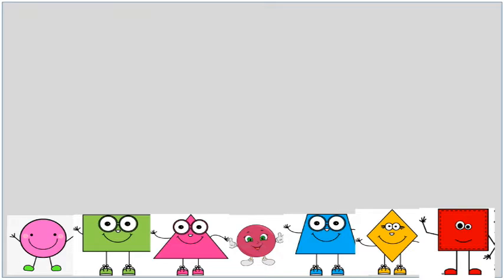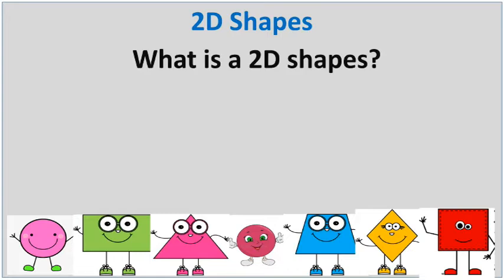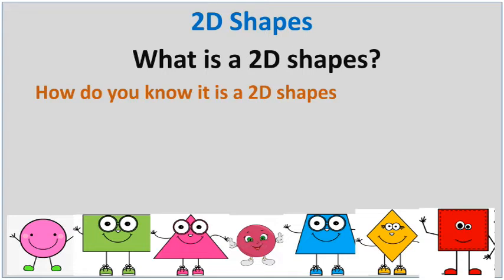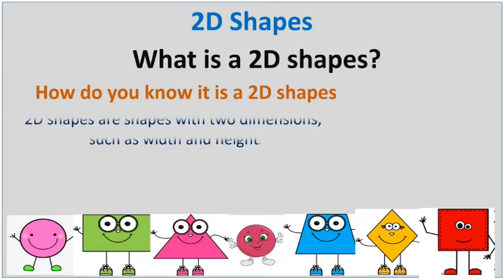So now I am going to explain what is a 2D shape. How do you know it is a 2D shape? 2D shapes are shapes with 2 dimensions, such as width and height.